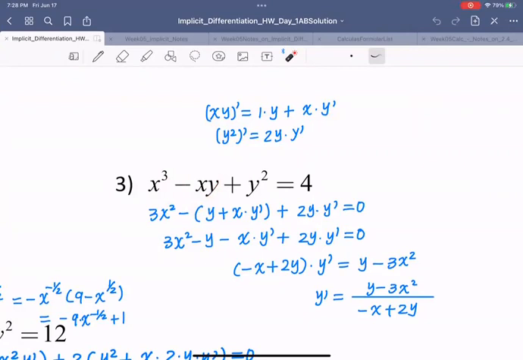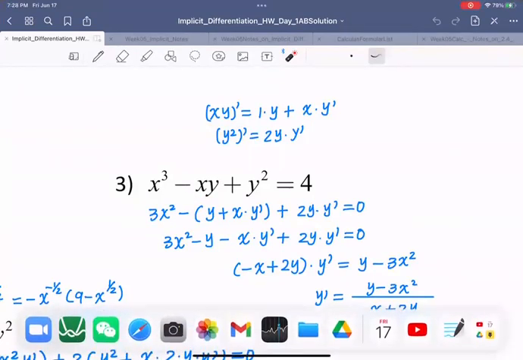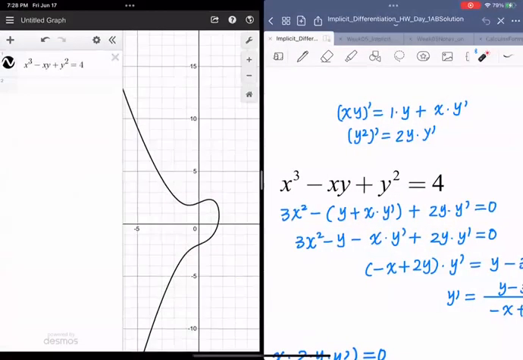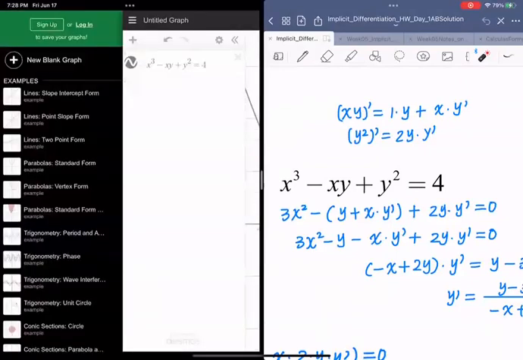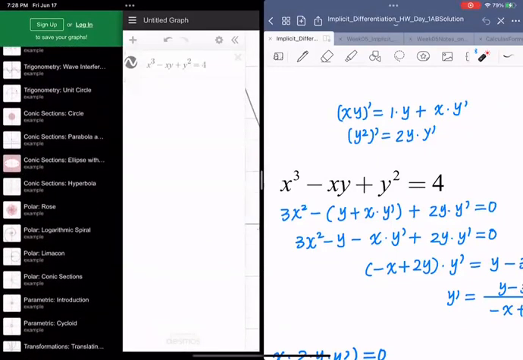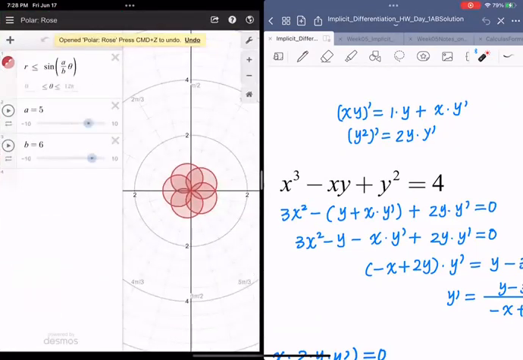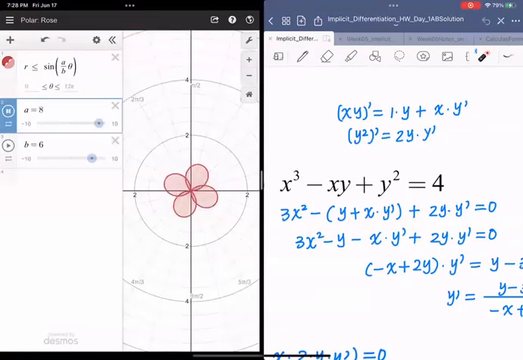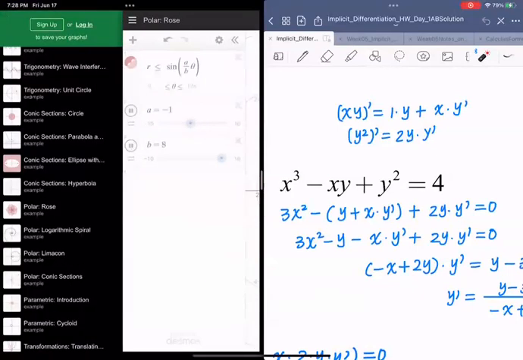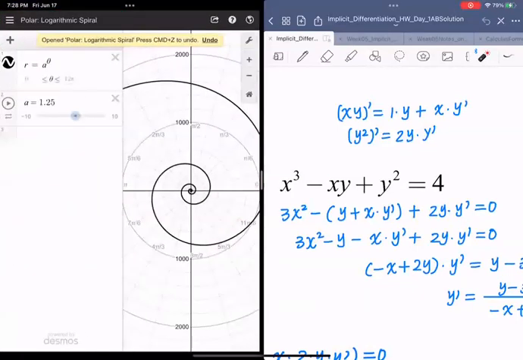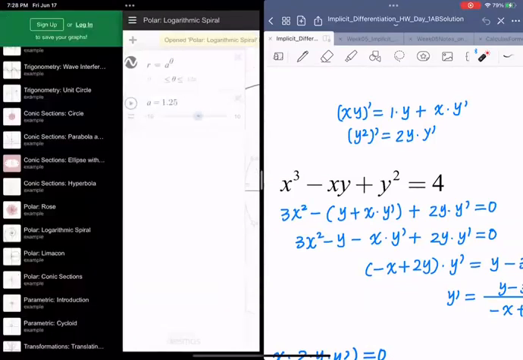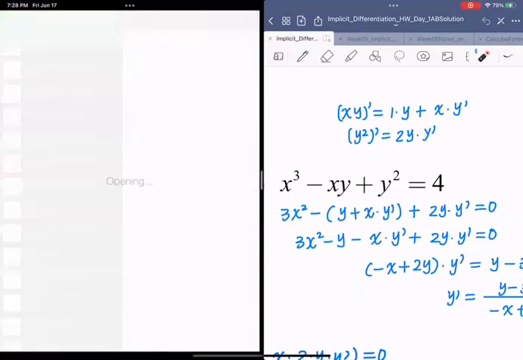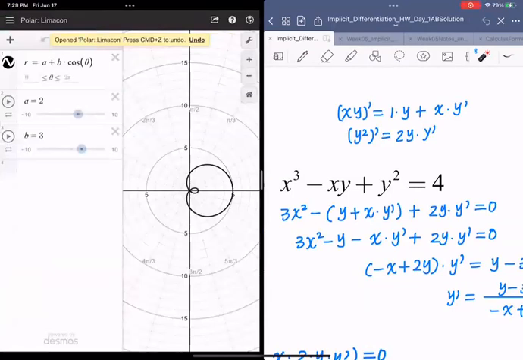I don't know if any of you still remember in pre-cal. Look at this. In pre-cal, we learned this kind of thing, right? Rose petals. We also learned spirals, okay? And we also learned limaçons, okay? That's what we learned in pre-cal.